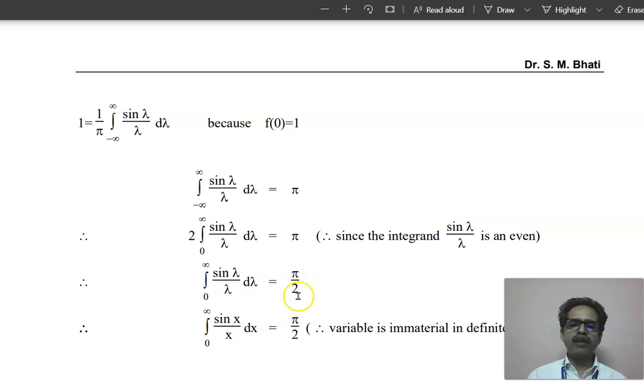It became now pi upon 2, and here on the left hand side we have lambda as the variable of integration. But you know, in a definite integral the variables are immaterial, so we can change lambda to x. If you put lambda is x, you can have this, and in this way we have obtained the value of the integral from 0 to infinity of sin x upon x dx is pi upon 2.